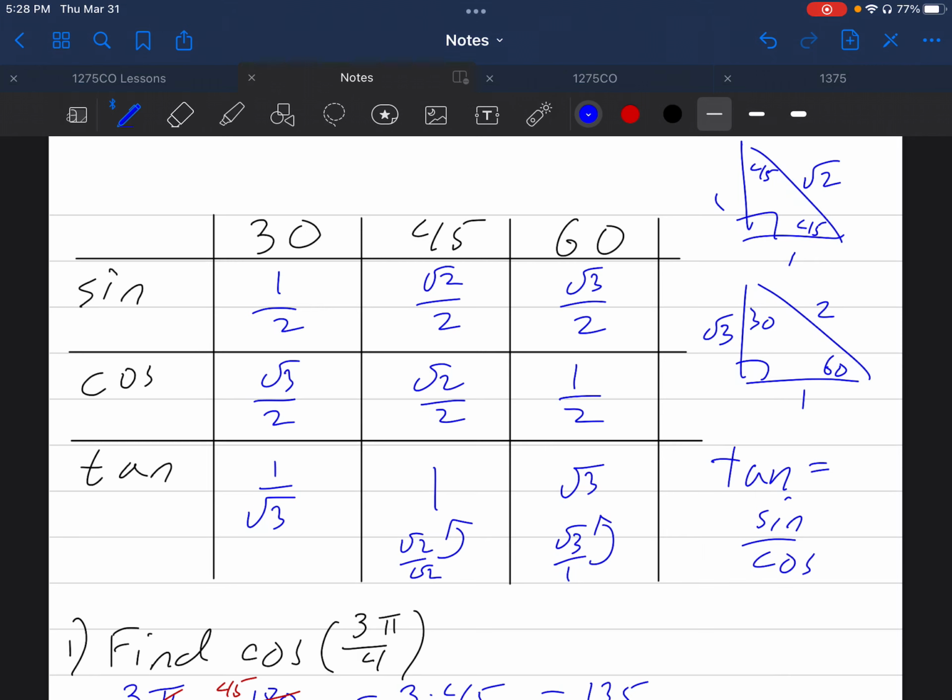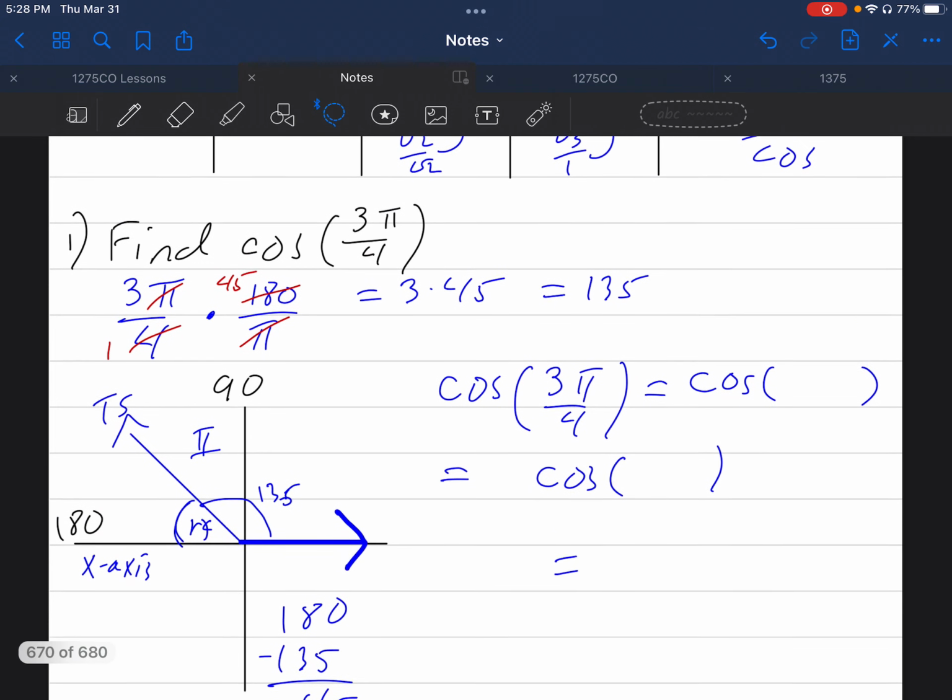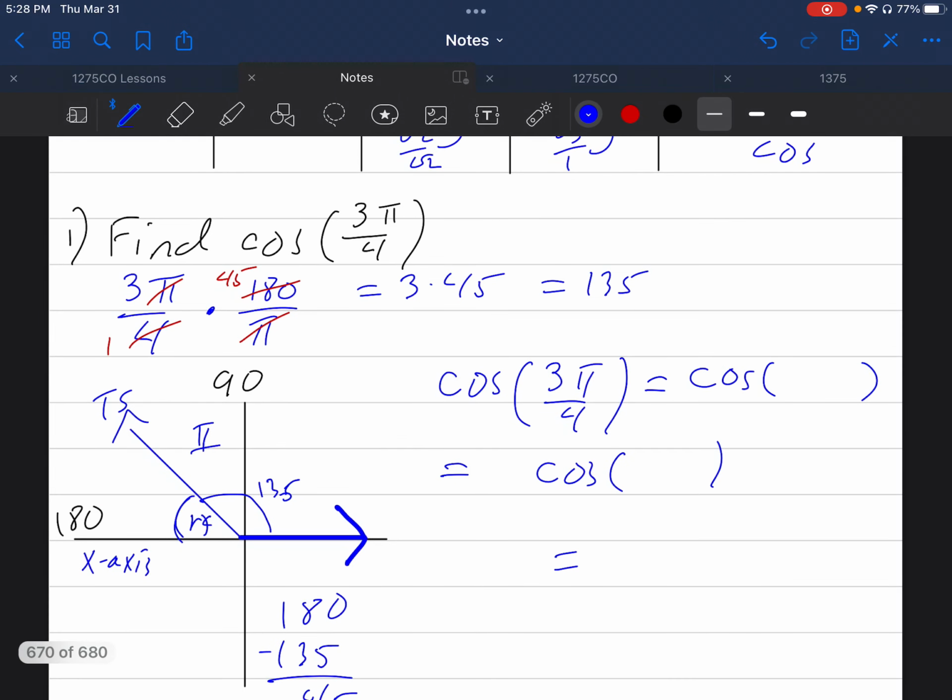So looking at this chart, we can see that the cosine of 45 degrees is equal to radical 2 over 2. As we are looking at our values, we had cosine of 3 pi over 4, which is equivalent to the cosine of 135.